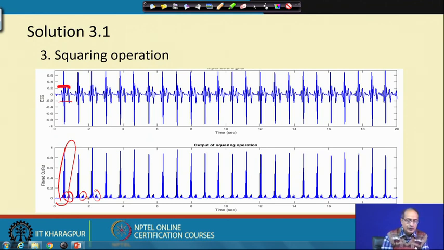Now, once we do the squaring, one more thing has happened, though: both the negative and the positive peaks have become positive. If we look carefully, and if we could stretch the signal a single cycle at a time, we could see that the output looks like multiple peaks.